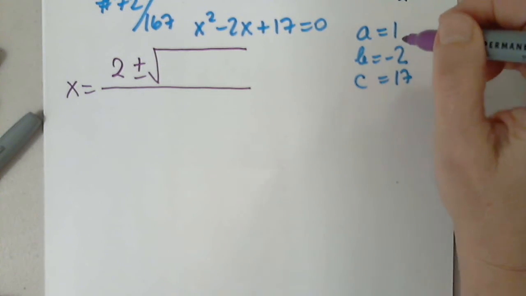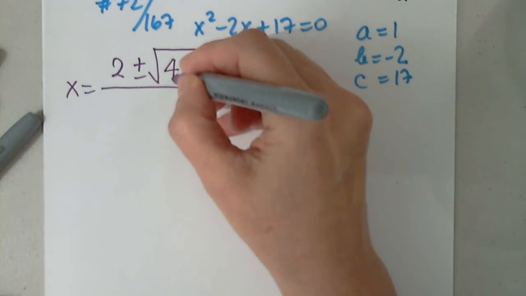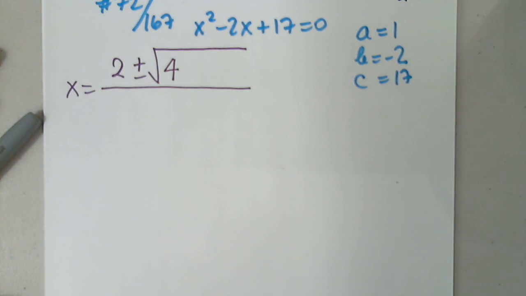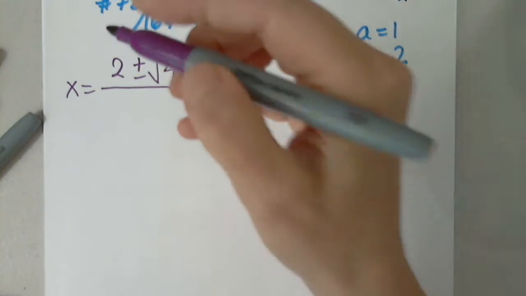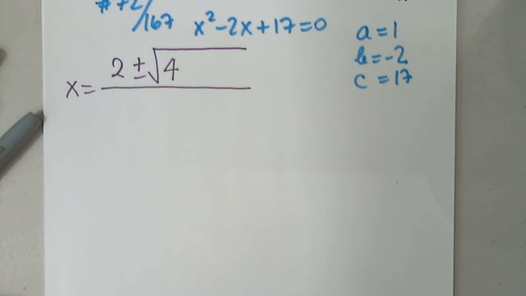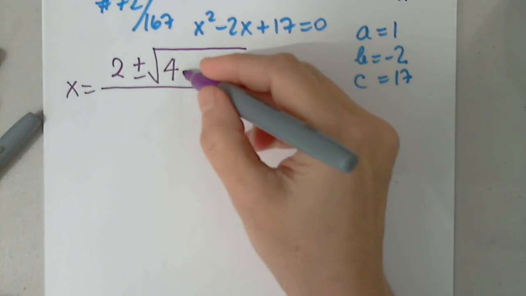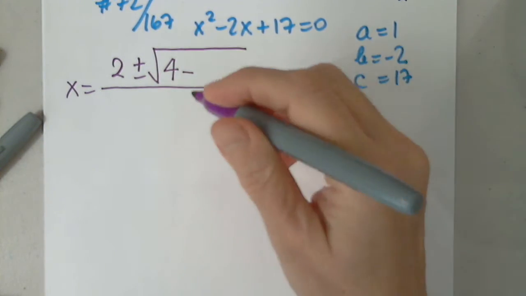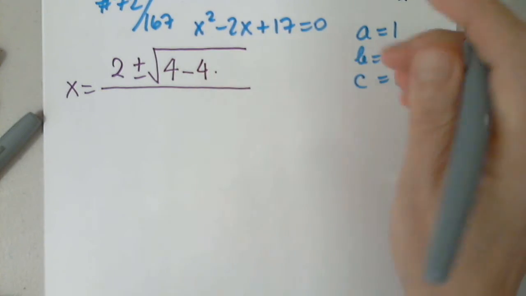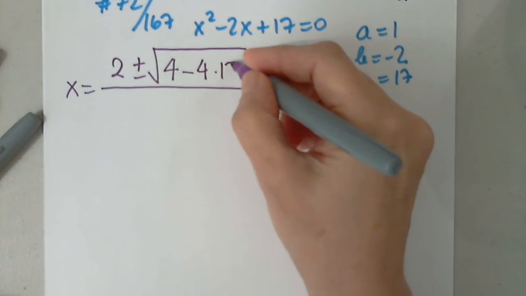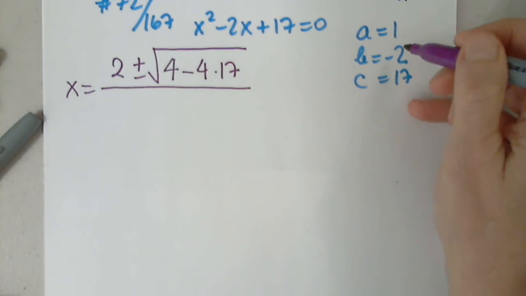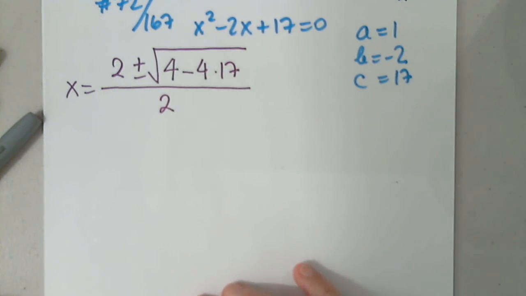Positive or negative, we don't care. This has to be a positive number. So the beginning under the square root can never have a negative, ever. Minus. So this was b squared minus 4 times a, I'm not going to write it, times c, which is 17, divided by 2 times a, which is 2.